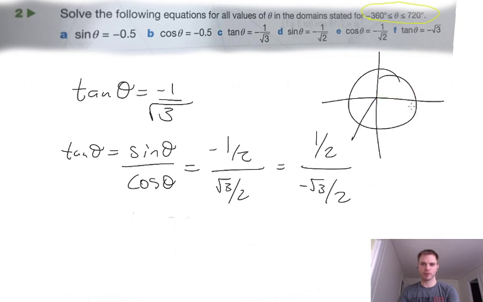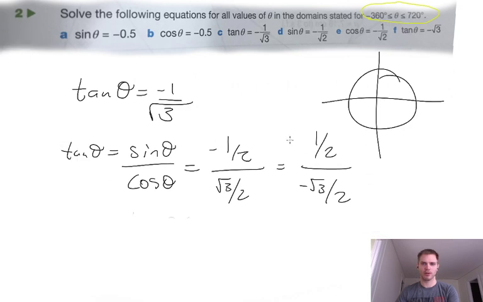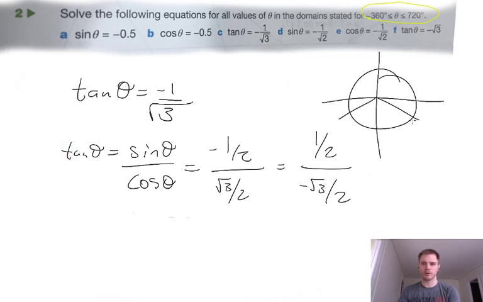Oh, I put the wrong angles. I'm sorry. Okay, so sine is -1/2 here and here. Okay, and then cosine is √3 over 2 here and here.